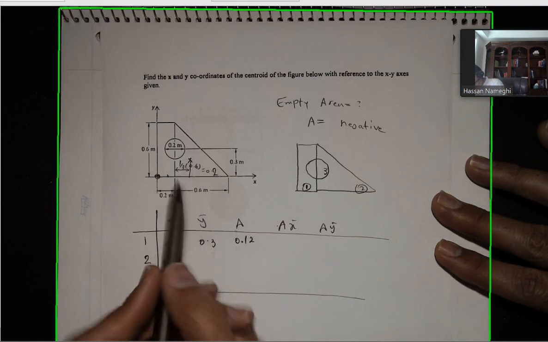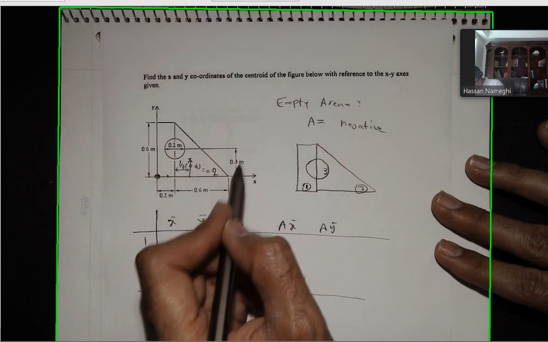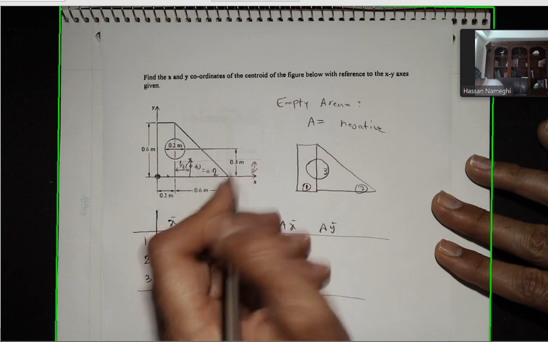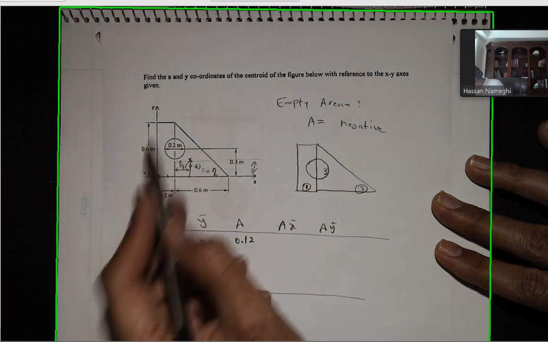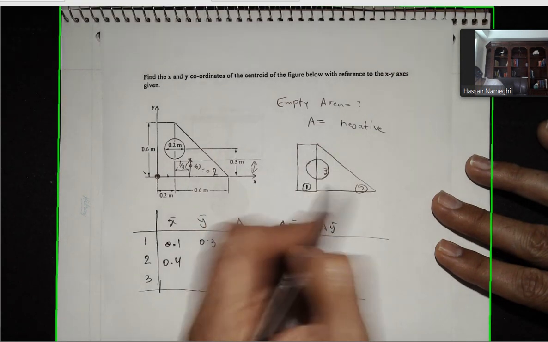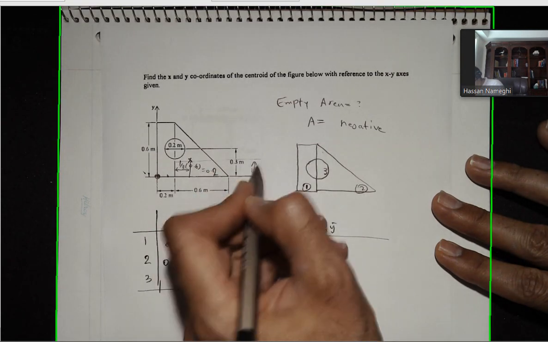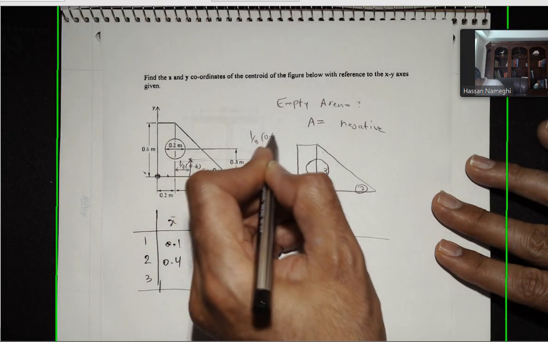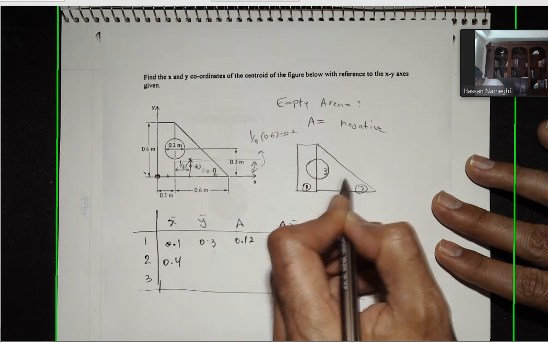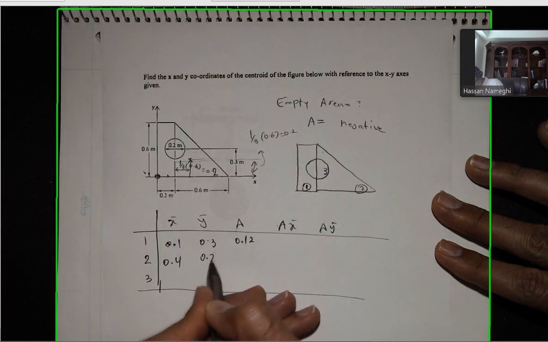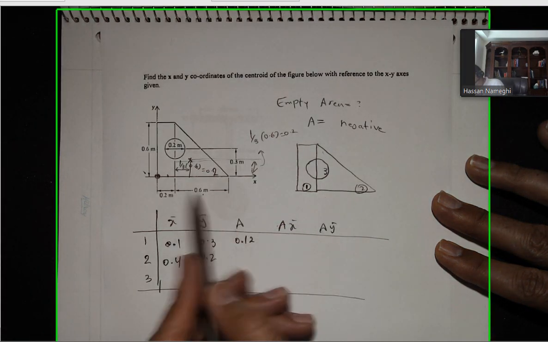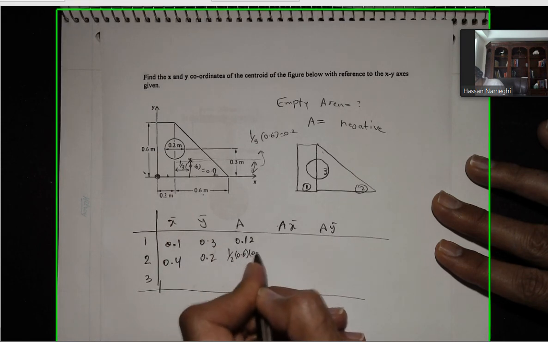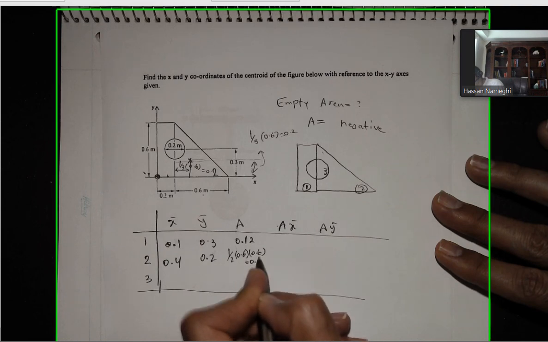For the second shape, the height here will be 1/3 of 0.6. We are talking about the big triangle, right? Not this one. So this height is 1/3 of 0.6, which is 0.2. The area is 0.6 times 0.6 over 2, and if you do that, you're going to get 0.18.